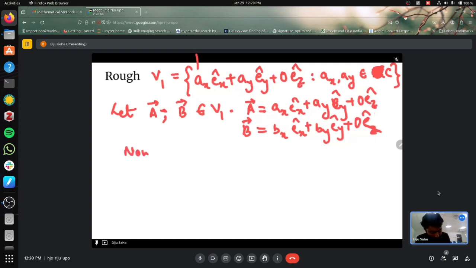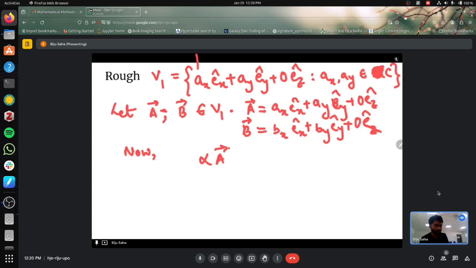Now you have to check the first rule. The first rule was closure under addition, and the second rule was closure under multiplication. So if we combine them, let us pick up any scalar and multiply it with a vector.